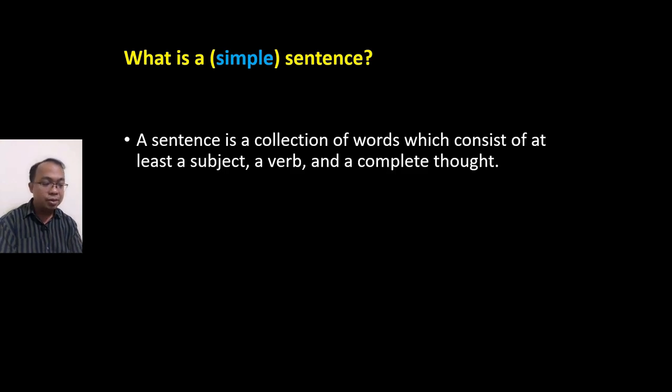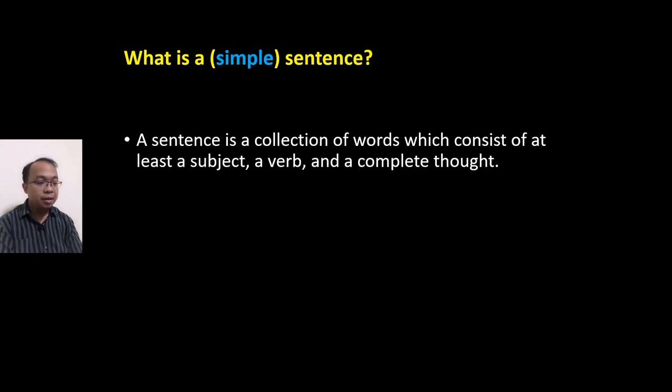So a sentence is a collection of words which consists of at least a subject, a verb, and a complete thought. All right, so this is the definition of a sentence, and you need to remember this.